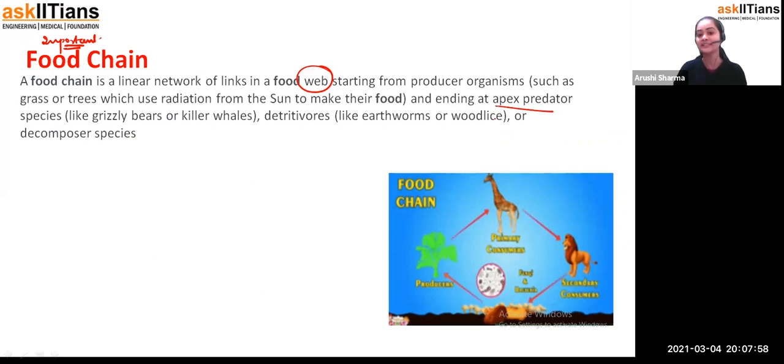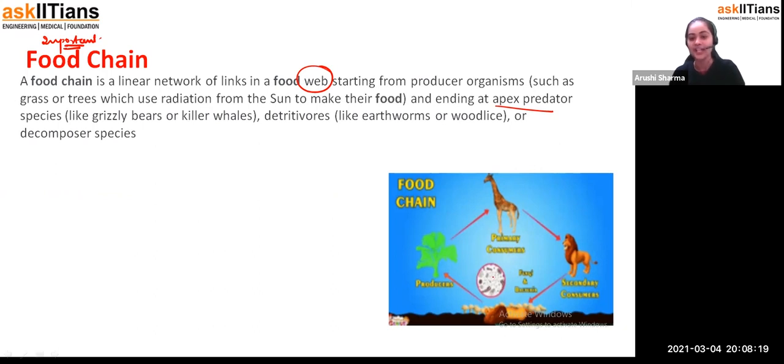Apex predator means they are the last one to consume anything, especially grizzly bears or killer whales. So for that we are going to see one video. Don't worry about that.